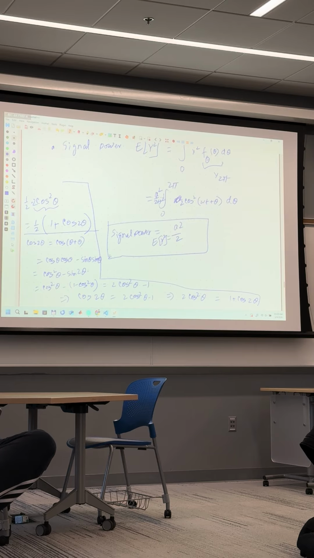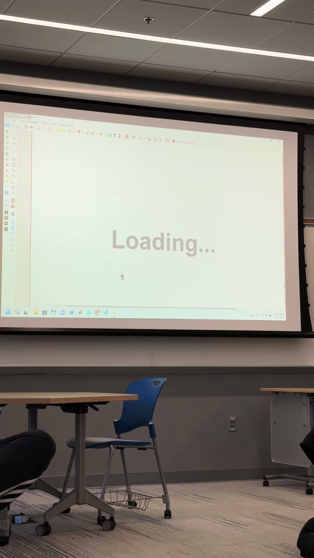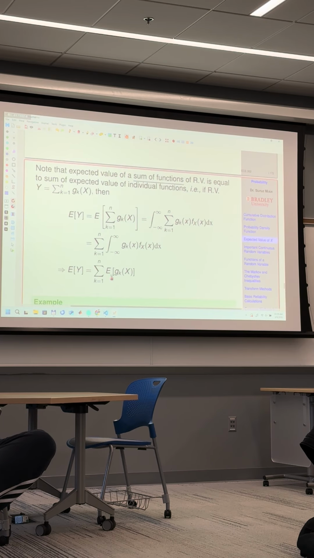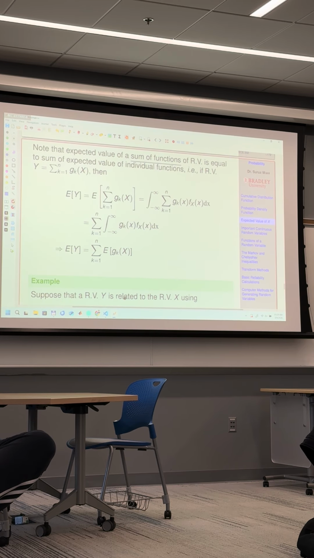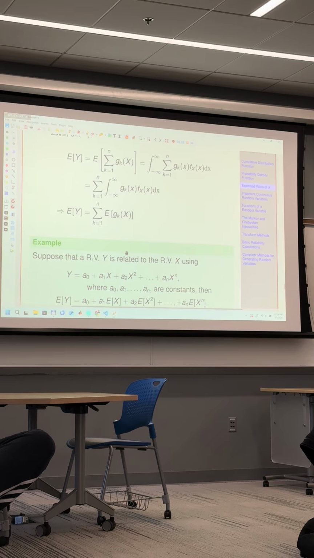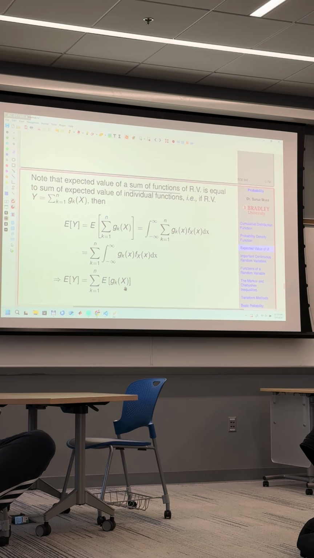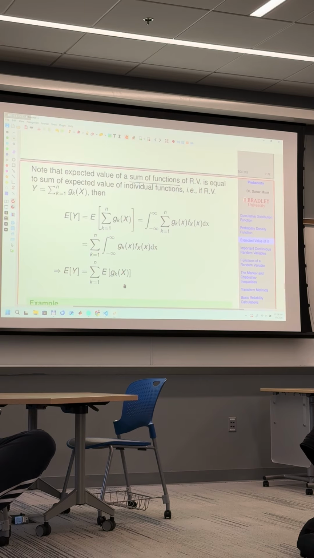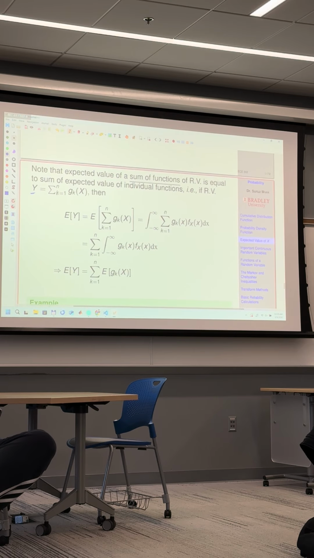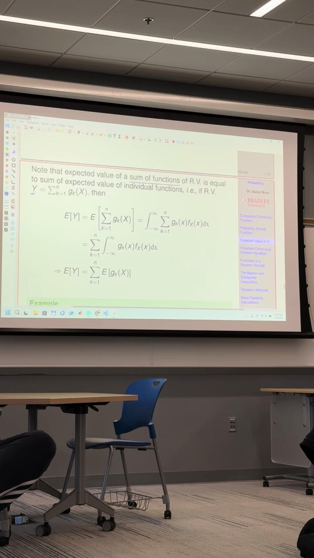All right, so we have this example done. And in case you have a random variable that is a function of the summation, that is basically the summation of functions of other random variables.